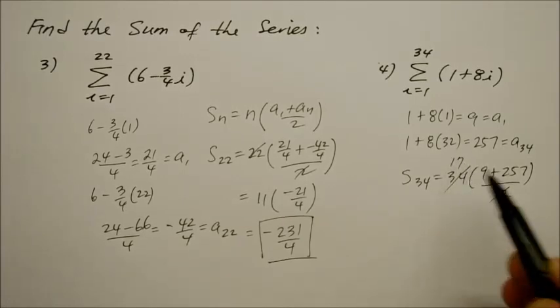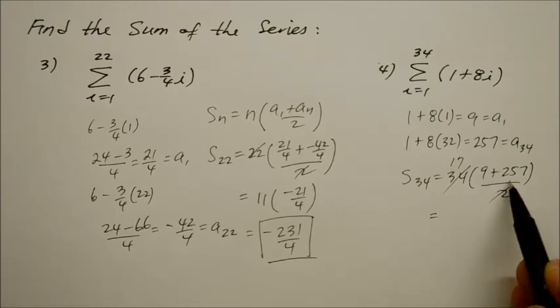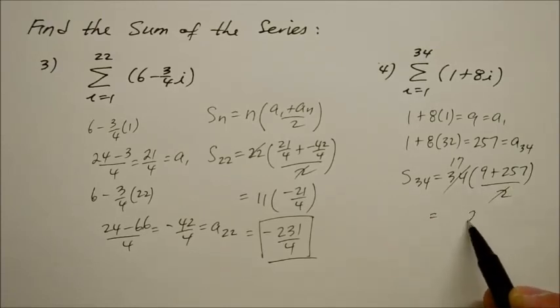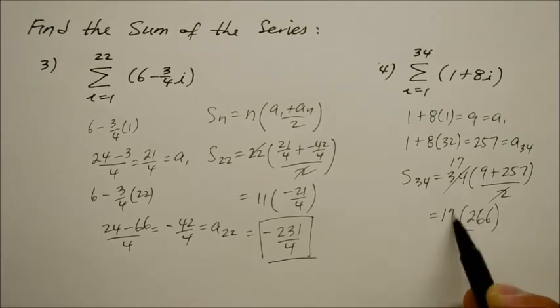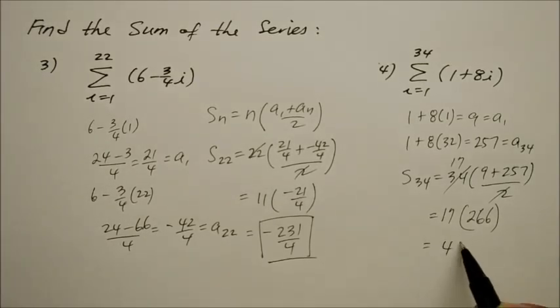What's that, 17 times? Evaluate the inside of parentheses. 9 plus 257 is going to be 266 times the coefficient 17. And 266 times the 17, according to my calculator, I get 4522. There you have it. Is that fast or what?